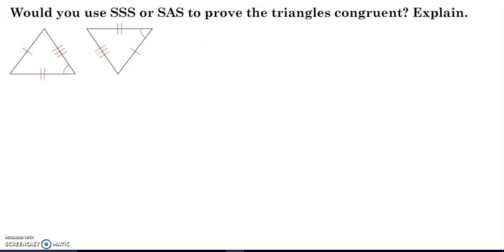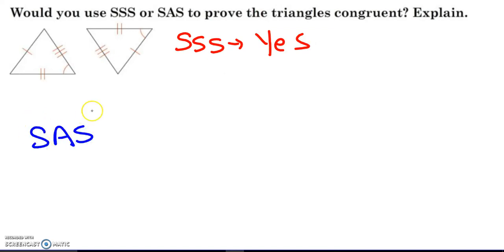Okay, so would you use side-side-side or side-angle-side to prove these triangles are congruent? First off, can I use side-side-side? Do I have three corresponding sides that are congruent to each other? Yes. So then the next question is, could I use side-angle-side? So here's my angles.